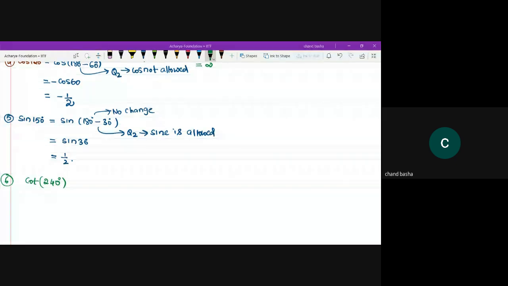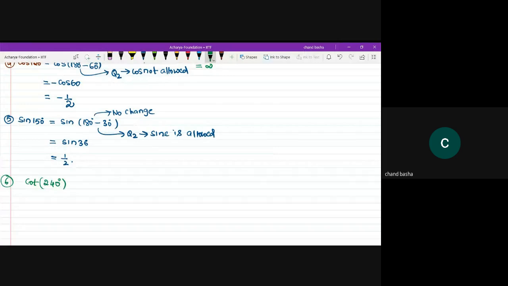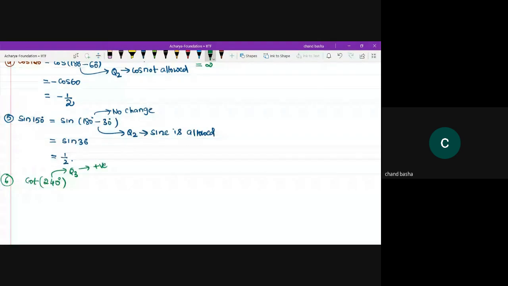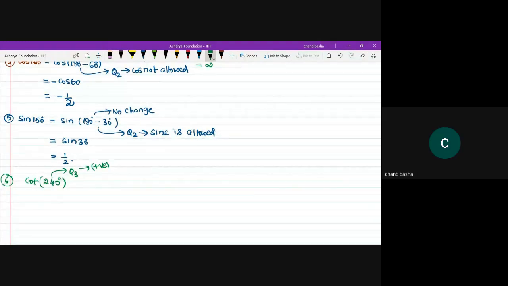One point that you have to remember: 240 is in which quadrant? Quadrant number 3, positive sign, because it is the place of cot only. We can write it as cot of 180 plus 60. 180 means no change.